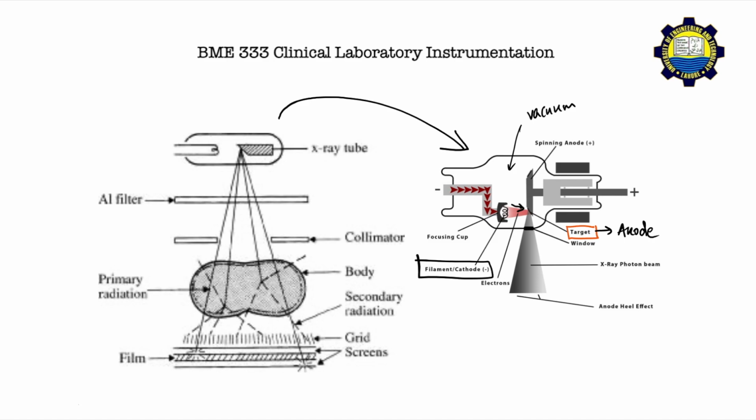And those inner electrons are replaced by the outer shell electrons. Now, as a result of this, a packet of energy is released. That packet of energy corresponds to the wavelength, the frequency of the X-ray photons. So that's the second mechanism for the generation of X-ray photons.